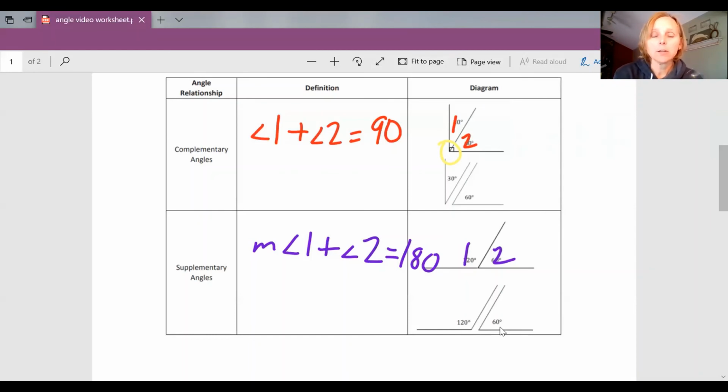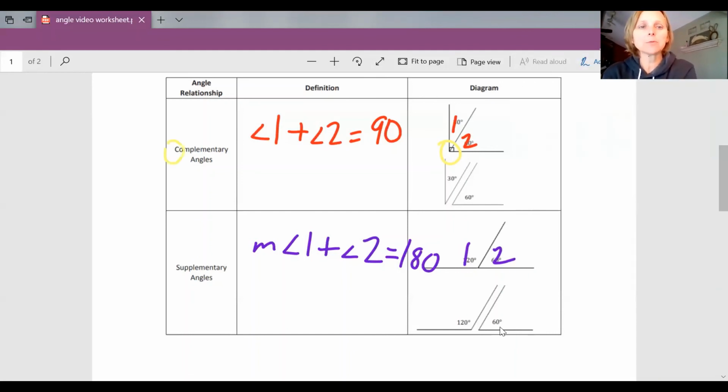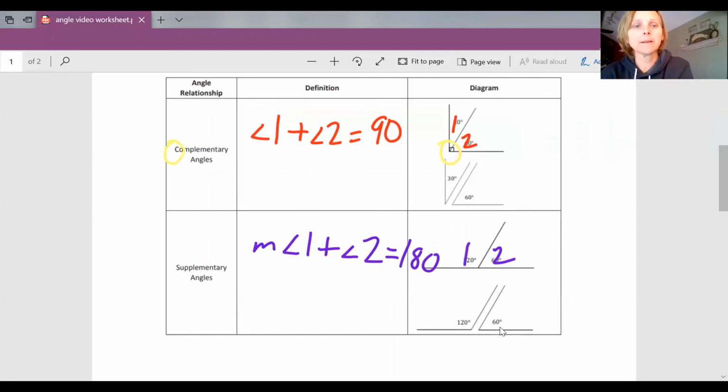So a quick little way that I remember, because sometimes students have a hard time remembering which one is the 90-degree pair and which one is the 180. I like to think of complementary. I focus here and I think, oh, well, complementary, it begins with the letter C. So complementary angles begin with C. The other word that I like to think of that starts with C is corner, right?